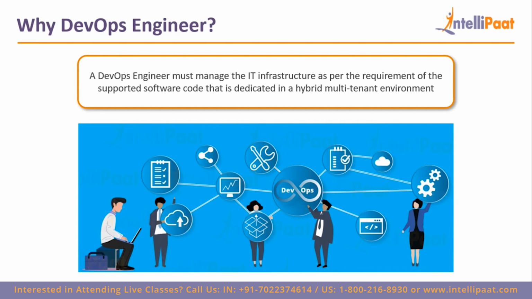A DevOps engineer basically monitors all of these tasks and creates an automated process which will automatically deploy your software. So he'll build a system, he'll build a lifecycle which starts from the planning stage till the development and deployment stage. So a DevOps engineer is required to implement the DevOps principles in a company.